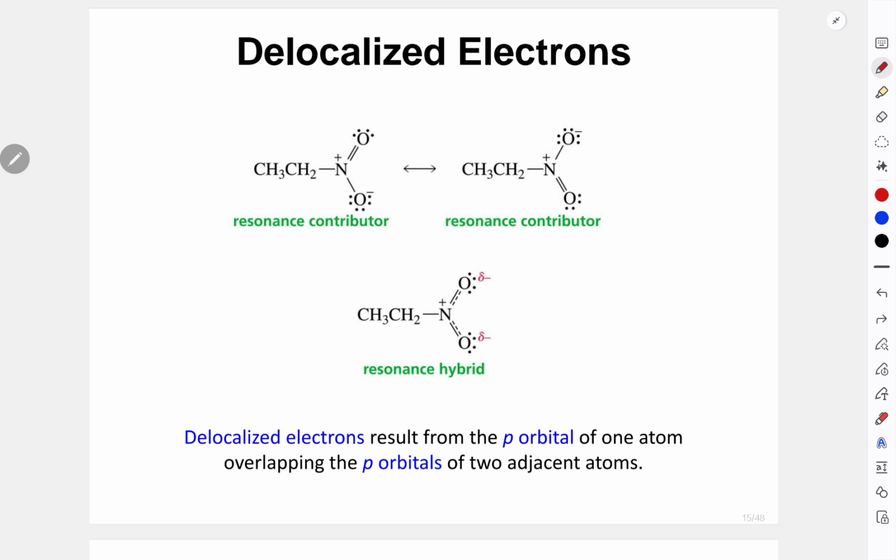You can draw two resonance contributors from one to the other. As I mentioned earlier, the delocalized electrons result from the p orbital of one atom overlapping the p orbitals of two adjacent atoms. And you can check the hybridization across three different atoms in this particular case.